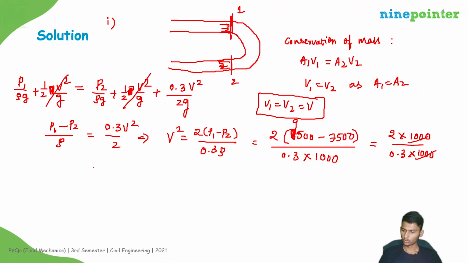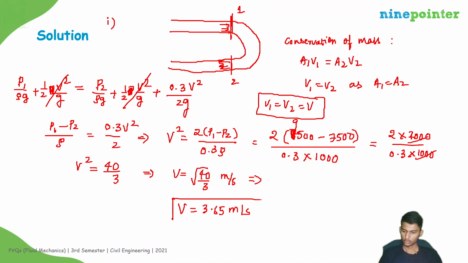Okay. So we get V square is equal to 40 divided by 3. So V will be equal to under root 40 divided by 3 meter per second. Let us calculate this value. Under root 40 divided by 3 gives V is equal to 3.65 meter per second. So this is the answer for the first part.